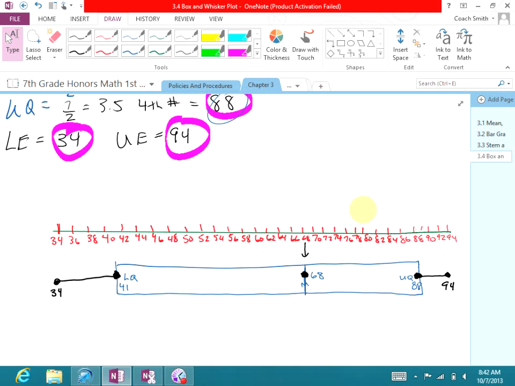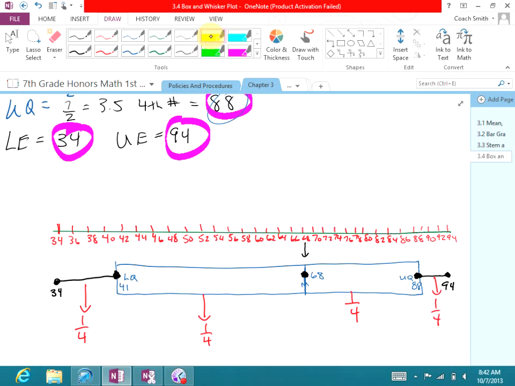Now, here's how you decide information from the box and whisker plot. Okay? First of all, each one of these segments is 1/4 of the numbers. Okay? Each one of the segments is 1/4 of the numbers.